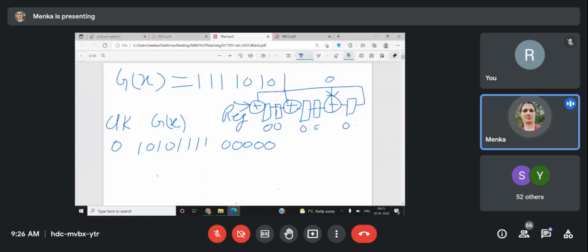Now you have to calculate the new value. So for the new value this zero is there because d0 was 0, so all of these became 0, and the new content is 1 here, so this 1 is pushed here. Now this is getting shifted to this, so this 0 is getting shifted over here. This 0 is XOR with this 0, so this is again 0. This 0 is getting shifted, so this is also 0. This 0 is XORed with this, so this is also 0. So this is the new content of this.